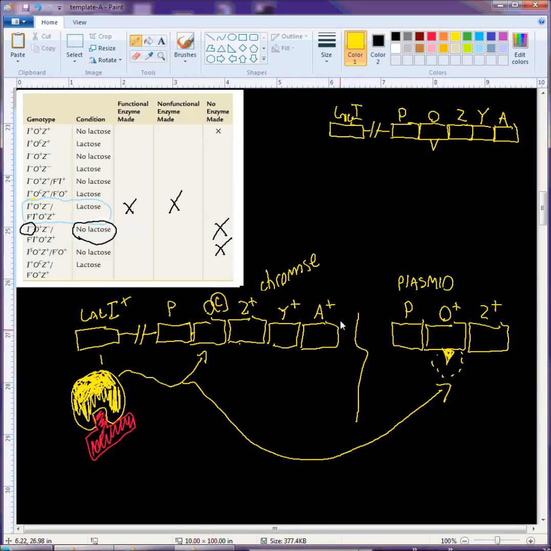So RNA polymerase is going to come in and it is going to transcribe all of these, and it's going to transcribe this one here. So functional enzyme made. Okay, I hope I didn't make any mistakes there. I don't think I did, and we can go on to the next one now, which will be 16.7.